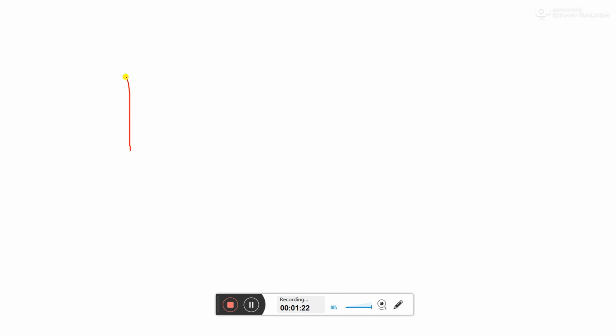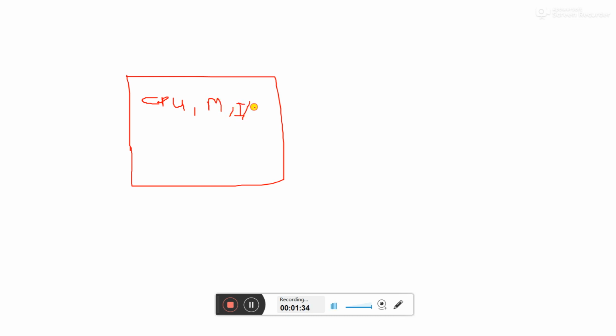In a microcontroller you have each and everything in it: the CPU, memory, and input output devices. All the peripherals are available on a single chip. So that is a µC.